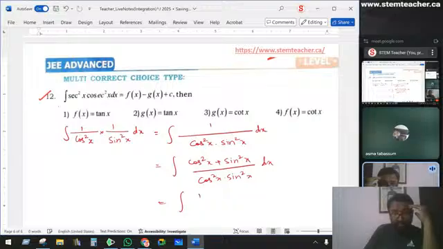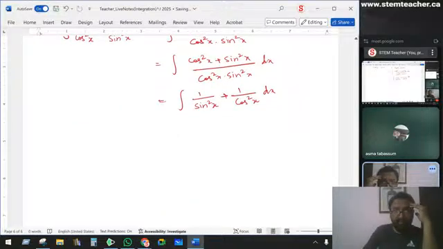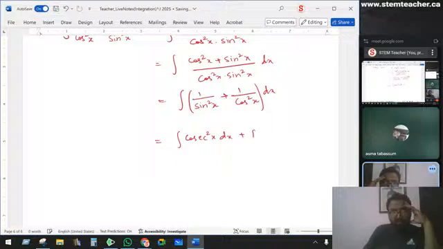It will be 1 by sine square x plus 1 by cos square x. Is it clear? Yes, sir. To dx. So now this becomes integration of cosecant square x dx plus integration of secant square x dx.